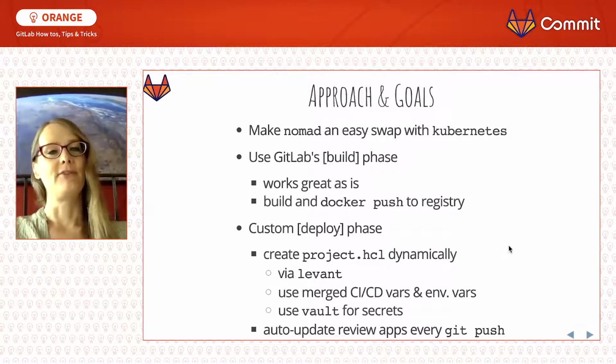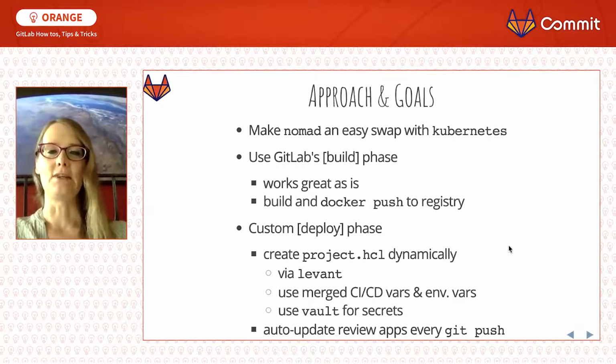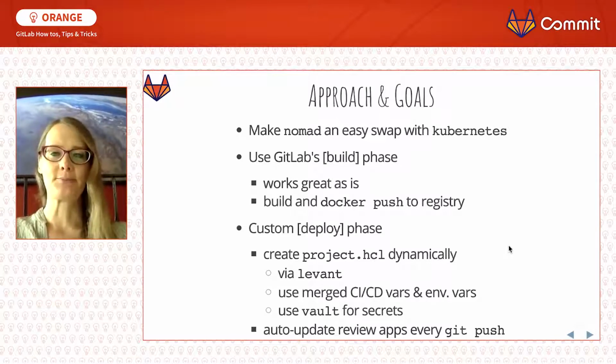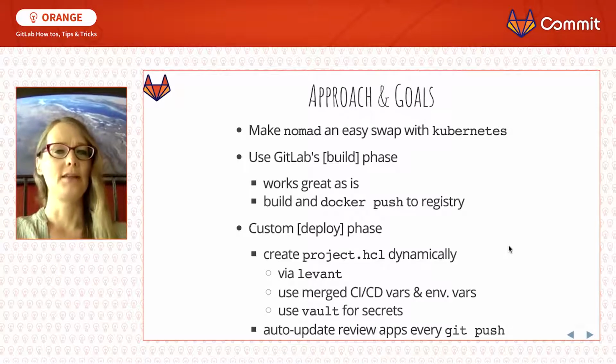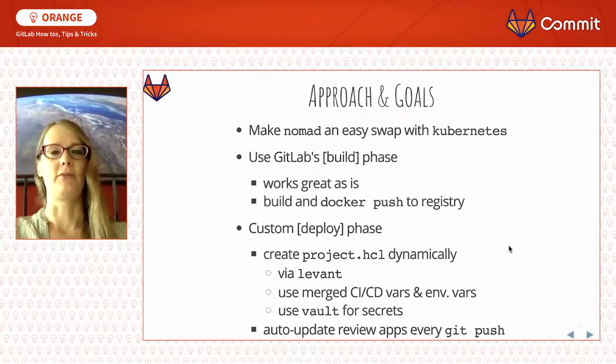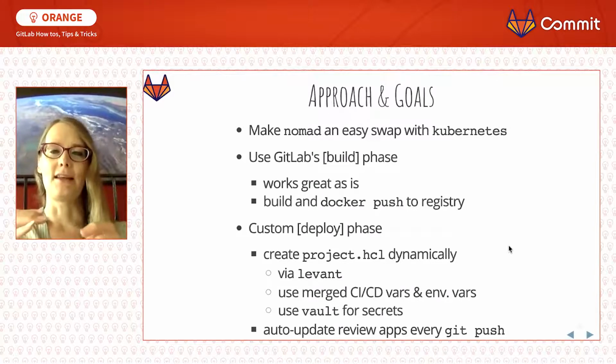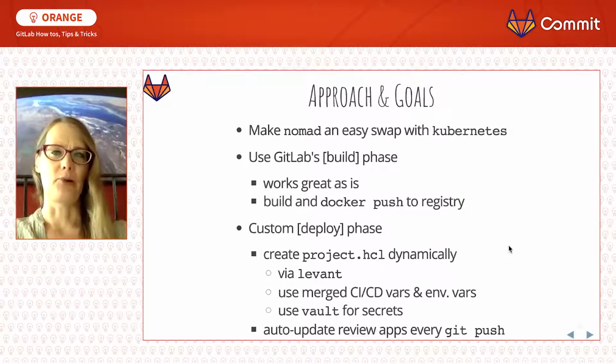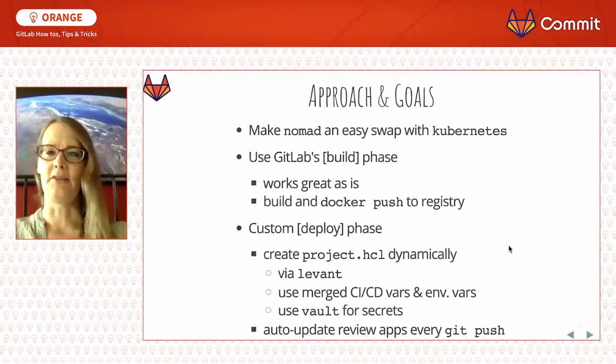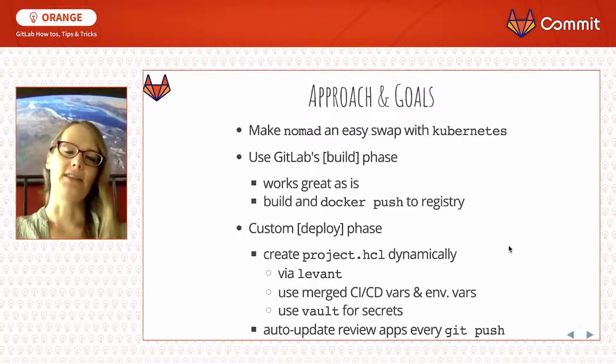And then for the custom deploy phase, what we need is a project HCL file, which is kind of like a merge between YAML and JSON. And we're going to set it up dynamically, which was sort of an idea I had, instead of making a project HCL per repo, because that would be a lot if you have a lot of repos like we do, and it just gets to be a lot of boilerplate.